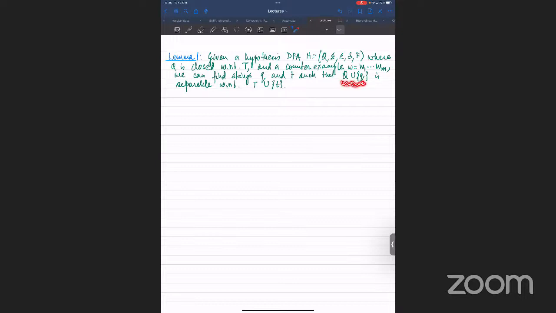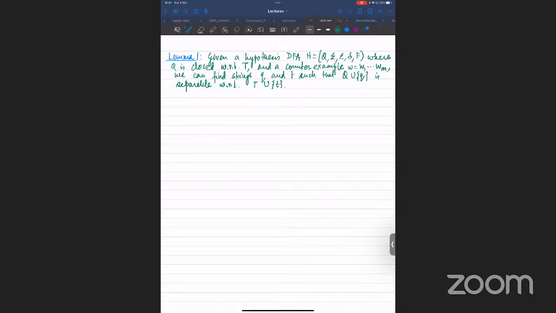All the strings here are pairwise distinguishable with respect to the strings in T union t. So you can add one string q to this set Q and one string t to your test set, if Q is closed with respect to T. Then you can do that.